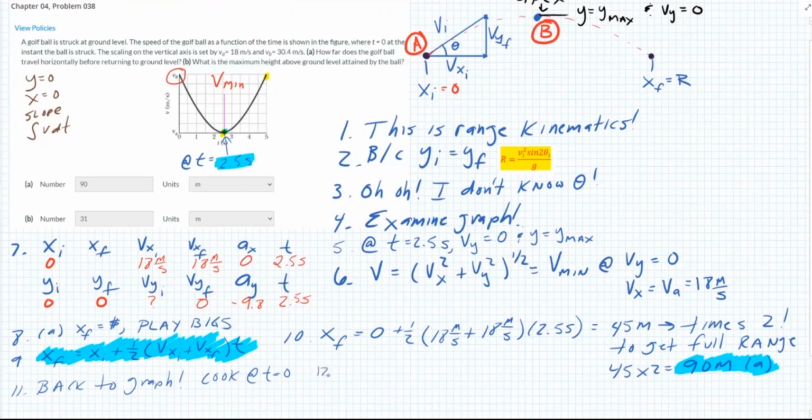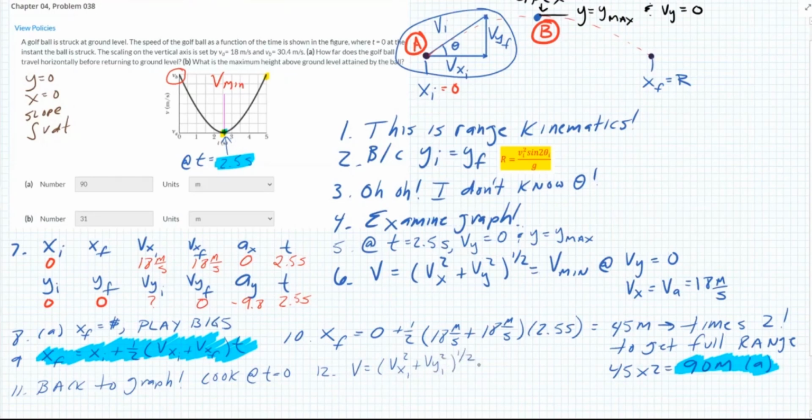Step number 12 says, again, I'm just looking at this triangle right here, and I can see that this launch, the speed of the ball. All right, so I can say the velocity, thanks to the Pythagorean theorem, is the square root of Vx initial squared plus Vy initial squared.